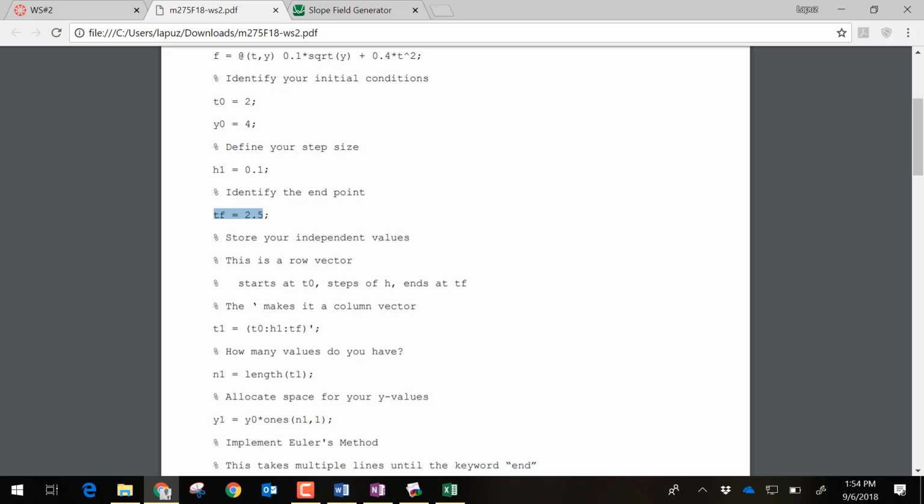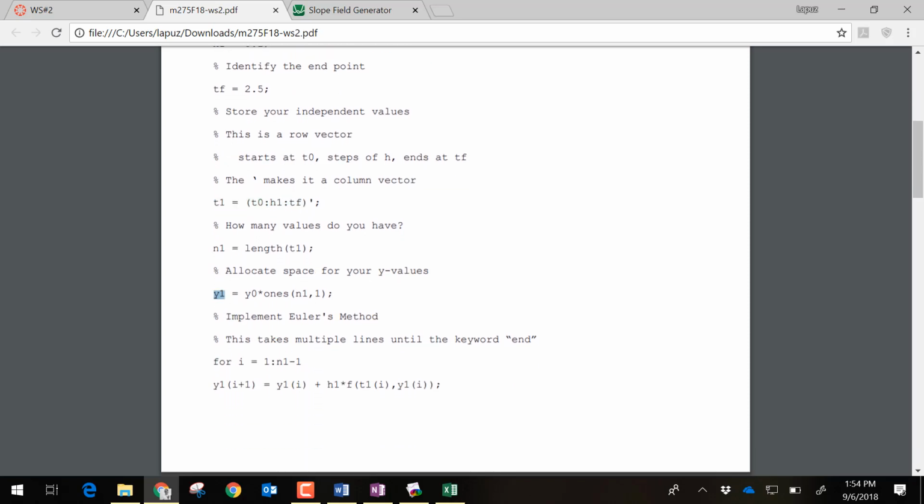And what you're going to do is make essentially a vector, or let's just call it a list of numbers, for your x values, or in this case, your t values. Then you start off with a list of y values that are all ones.